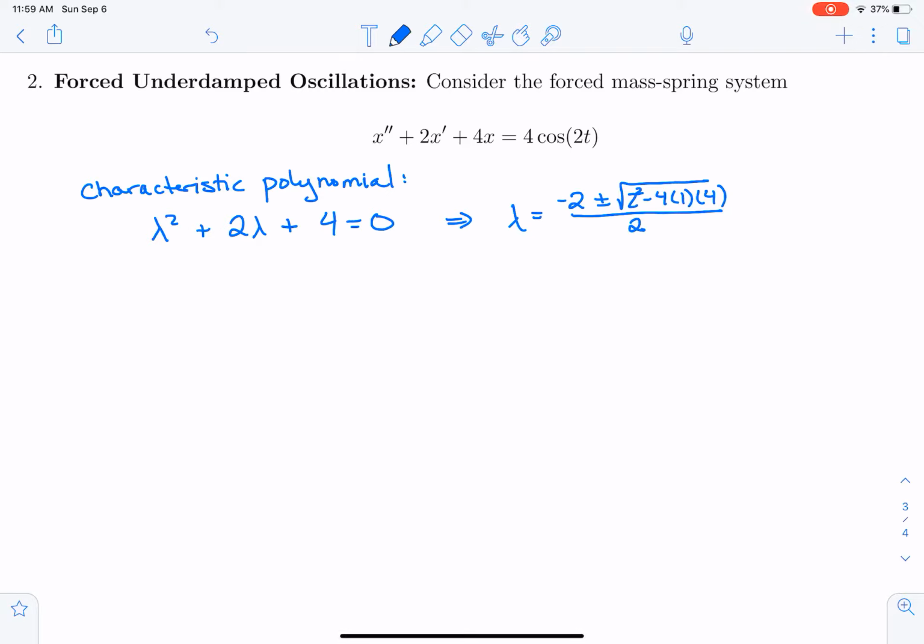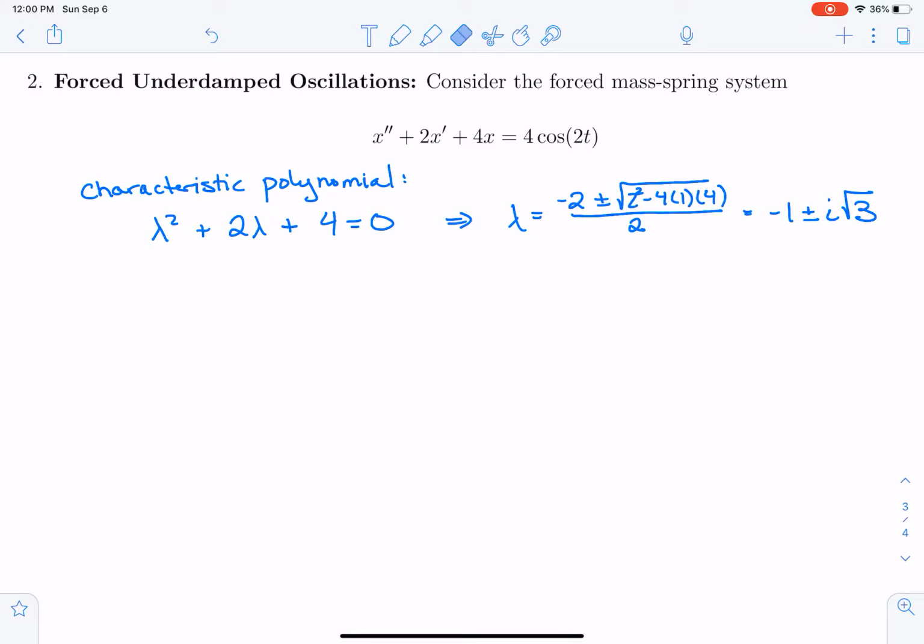So this is actually going to be minus 1 plus or minus the square root of 4 minus 16, which is negative 12, over 2. So we can rewrite that as the square root of negative 3, and then we can rewrite that as i times the square root of 3.